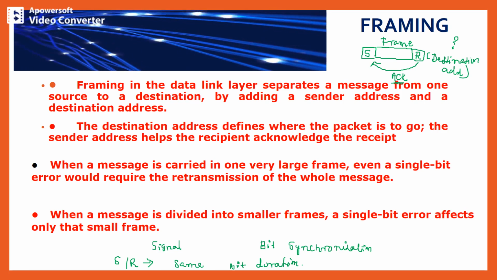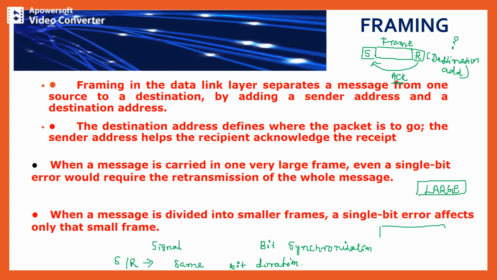Suppose the message carried within the frame is large, so if you have a huge number of bits of information transmitted within a single frame. Suppose a single bit is corrupted.